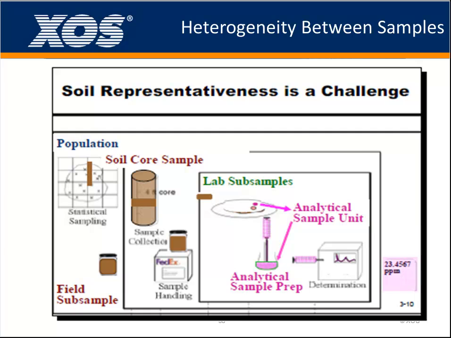And the second one is soil sample representativeness, because for lab analysis, we are using just 0.5 gram samples, but it represents almost 500 gram samples. So generally, how can 0.5 gram represent the average result of the 500 gram?